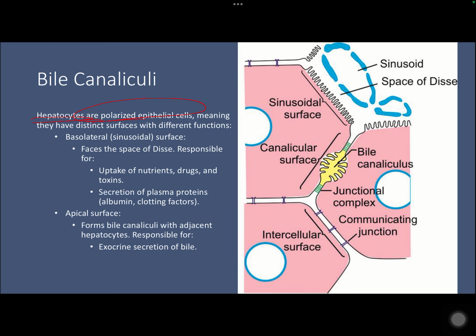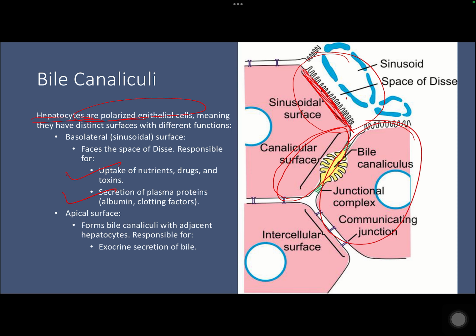If we focus on this diagram, the basolateral surface faces the space of Disse and the hepatic sinusoid. Its main function is to take up nutrients, drugs and toxins from the plasma, and to secrete plasma protein and clotting factors into this plasma. But the apical surface forms the bile canaliculi with the adjacent hepatocyte.